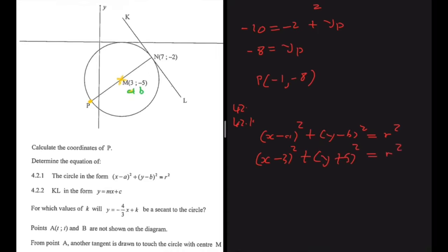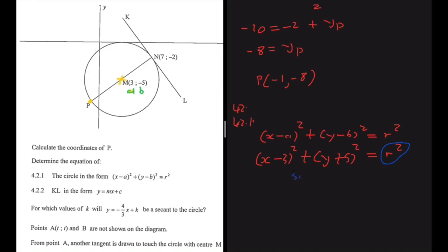Now we have to find r squared. To find r squared, we're just going to take a point on the circumference of the circle and substitute into this equation. Or we can just determine the length of mn using the distance formula, but let's just substitute it into the equation.